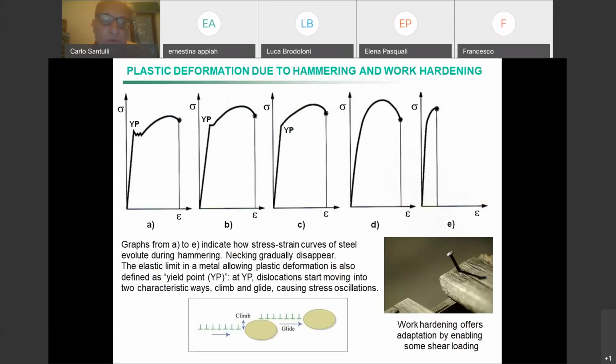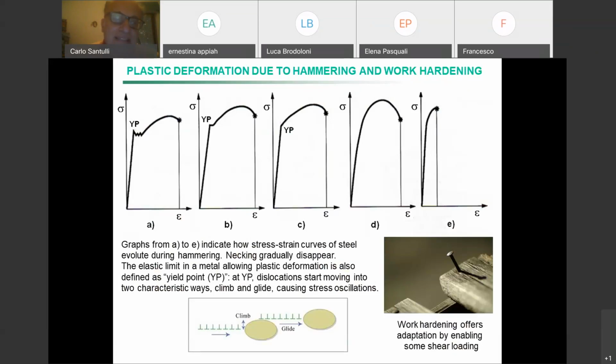It's defined as work hardening on the sigma epsilon curve, on the stress strain curve. What happens is that initially you have obviously an elastic point. At a certain point, you have the displacement, the removal from the totally elastic behavior.